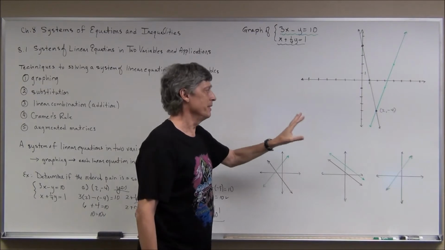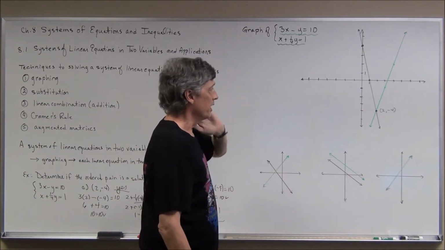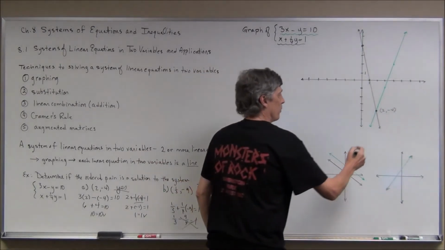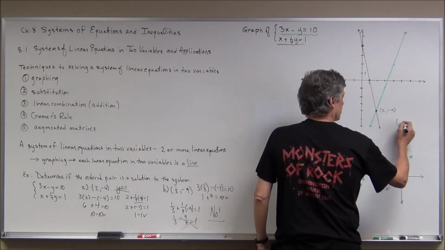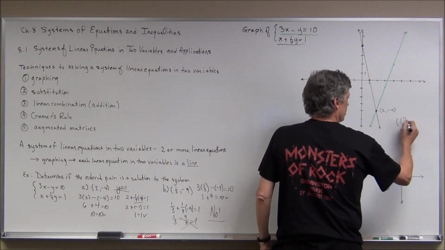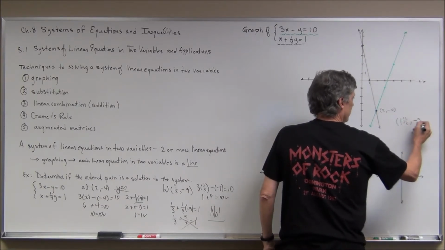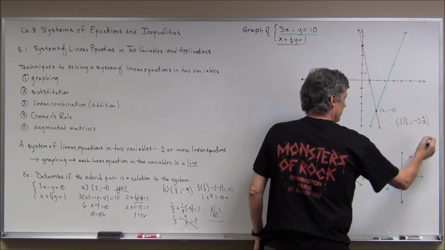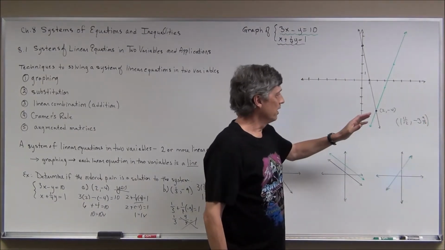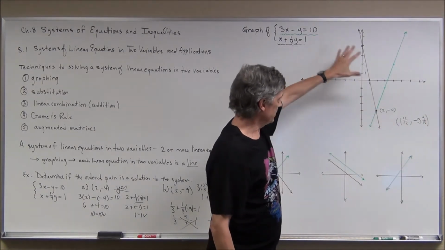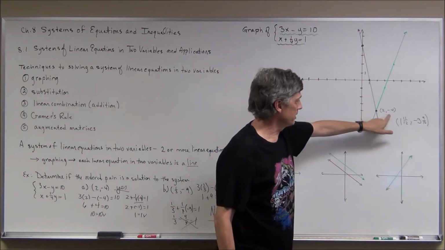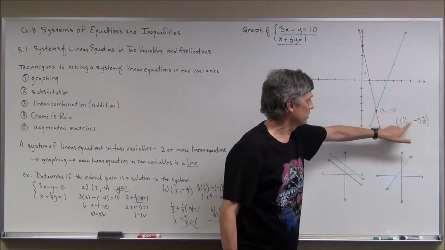The only problem is with graphing, if you're not an accurate grapher, or if you get an answer that would be, let's say for example, the answer turns out to be 1 and 11/12, negative 3 and 9/10. Well, if I was to find that point based on my graph that I have here, even if I use graph paper and such, I wouldn't be able to tell the difference between those two ordered pairs.